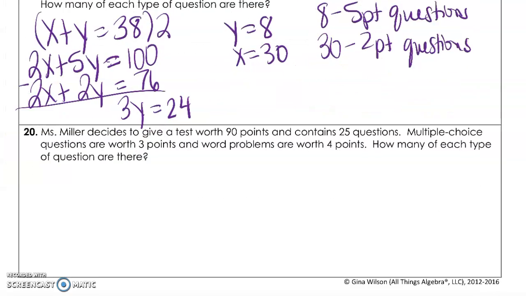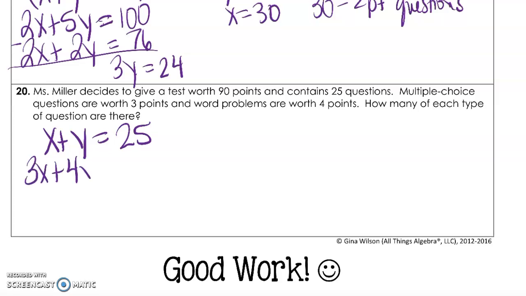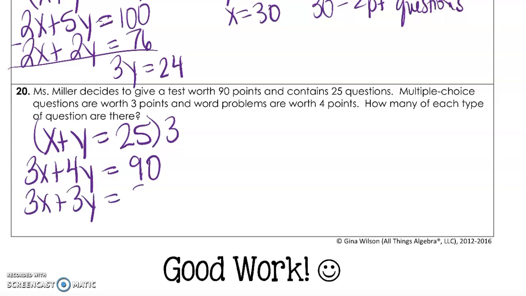All right, 20 is going to be set up the exact same. There are 90 points, but 25 questions. So x plus y equals 25. How many? There are 25. How much? We have 3-point problems and 4-point problems for a total of 90. Again, if you would like to substitute, you can. I think it's simplest to just multiply that by 3, giving me 3x plus 3y equals 75.